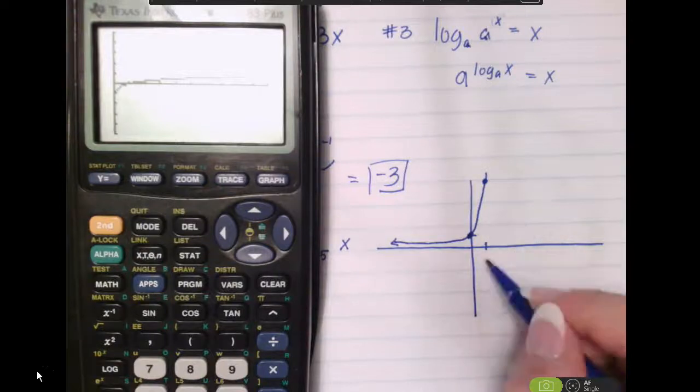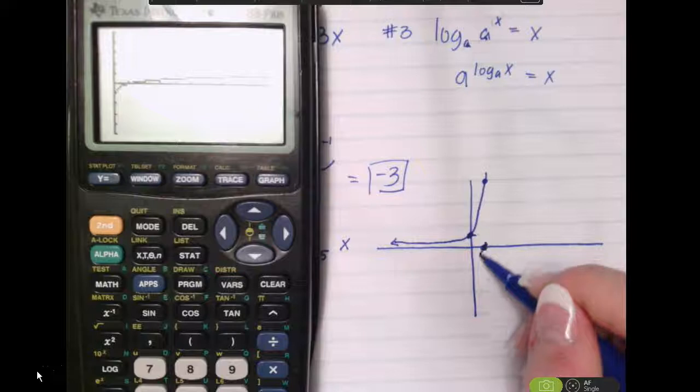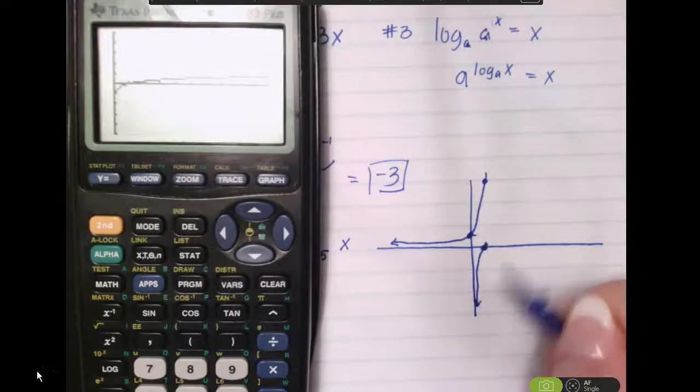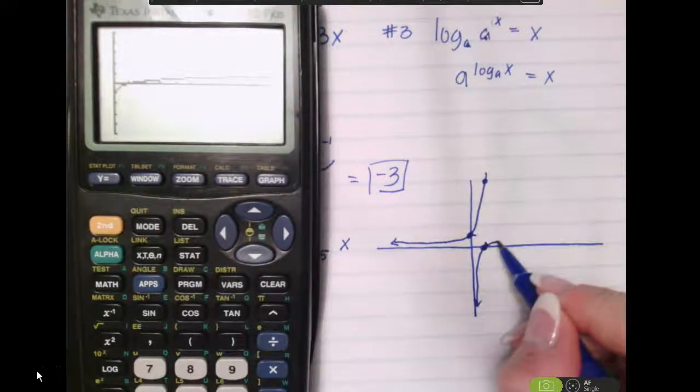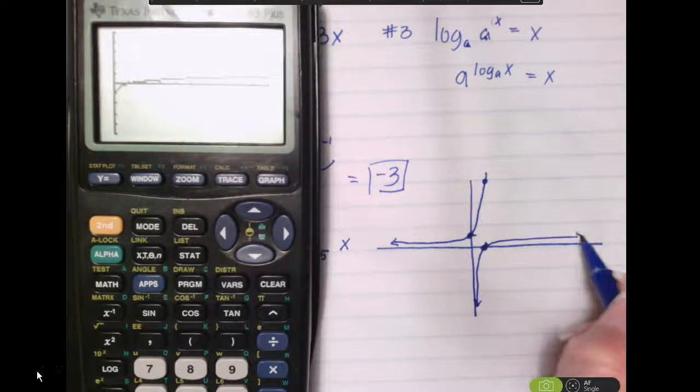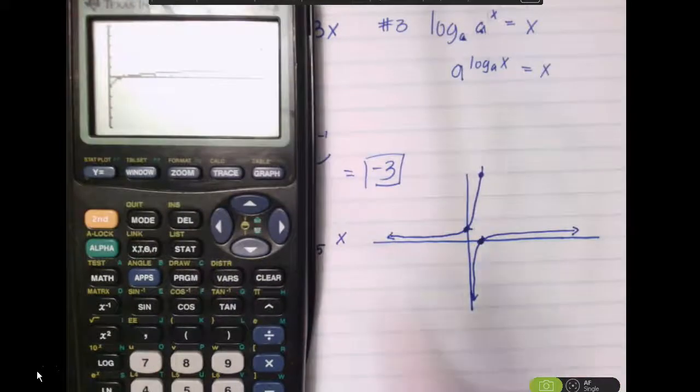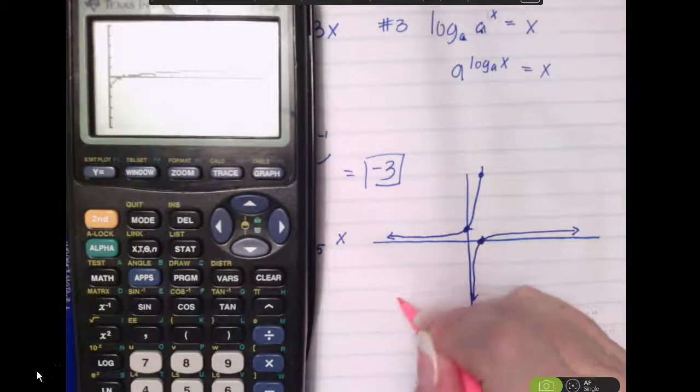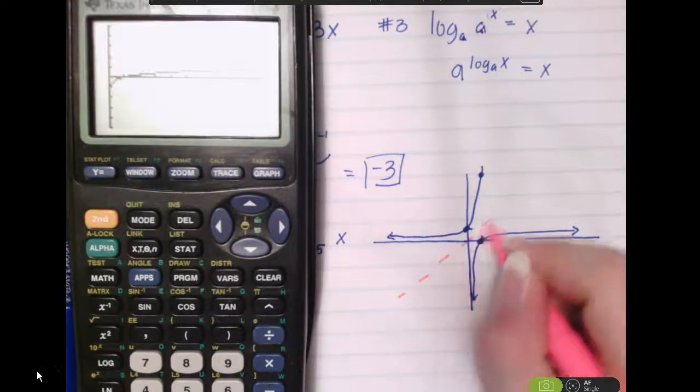So you can see that it crosses over at 0, 1. We've got an asymptote here, and then we're going up very slowly here. So what this problem is meant to demonstrate is that these guys are inverses of each other because they reflect.